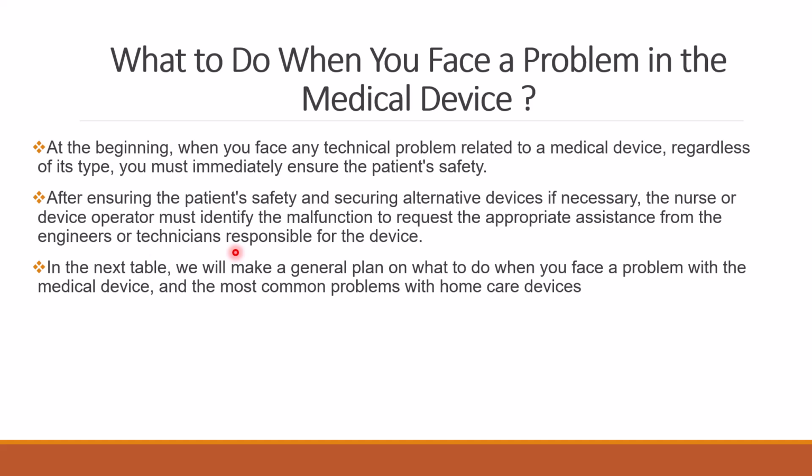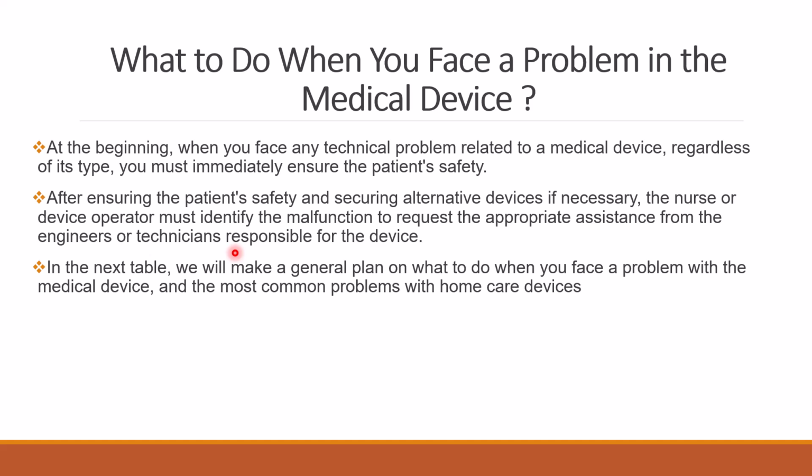The nurse or the device operator must identify the malfunction to request appropriate assistance from the engineers or technicians responsible for the device. For example, if you face a problem and you are going to call the engineer or the technician, you need to give them good information, and after that they will respond to you.